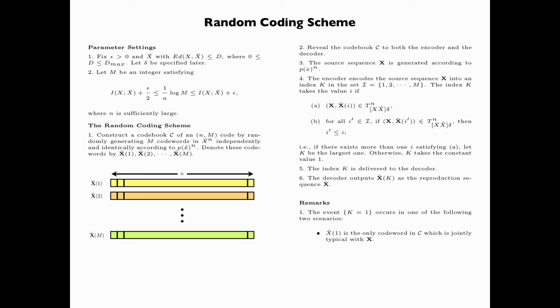X̂(1), that is the first codeword, is the only codeword in C which is jointly typical with the source sequence X. Or, no codeword in the codebook is jointly typical with the source sequence X. Second, if K is not equal to 1, then the reproduction sequence X̂(K) is always jointly typical with the source sequence X. As we will see, K not equal to 1 corresponds to successful encoding, and K equals 1 corresponds to an encoding error.